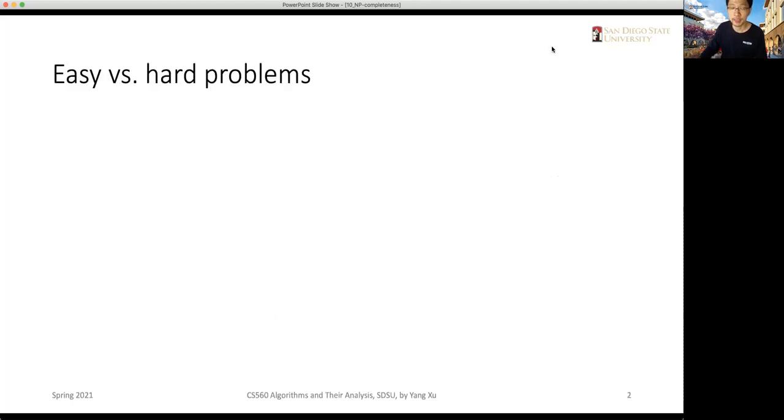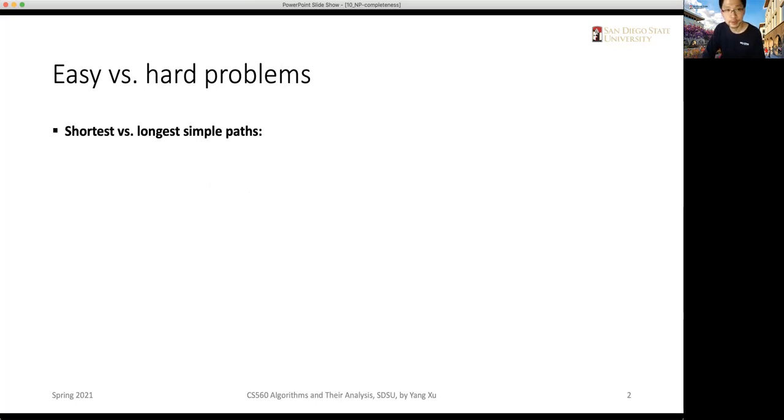And it's actually at a higher level. So let's start from some concrete examples, to look at what kind of problems we should consider easy versus difficult ones. We have just done with the shortest simple path in the graph, right?